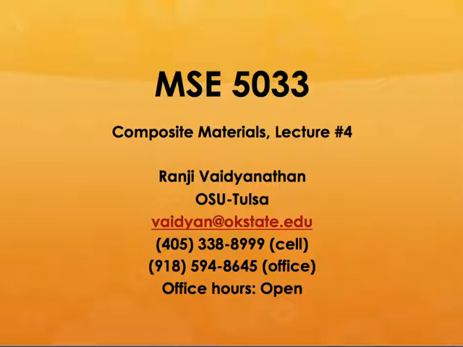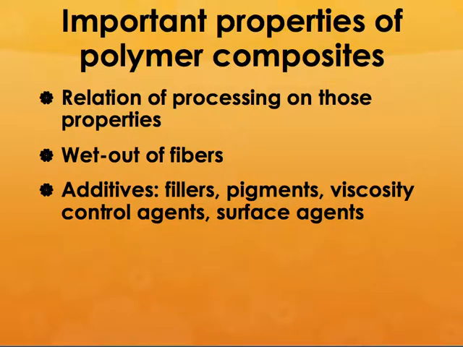Anyway, this is lecture 4, and we are going to talk about the processing of polymer composites and how the processing methods can correlate to the properties of these composites, and what kind of properties are required, especially from a matrix standpoint, for improving the bonding between the matrix and the fibers.